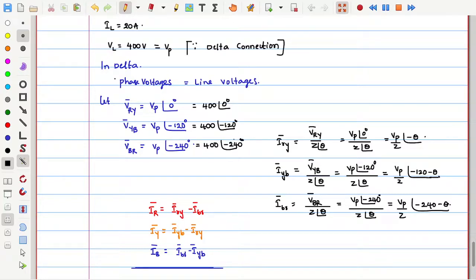Once you know the phase voltages, so you can see one more important point. Just observe carefully here. Very important logic is there. Phase current magnitude is equal to phase voltage divided by impedance magnitude.